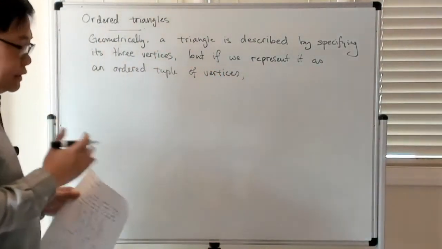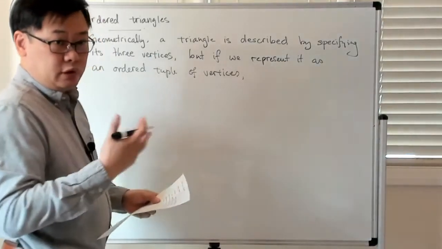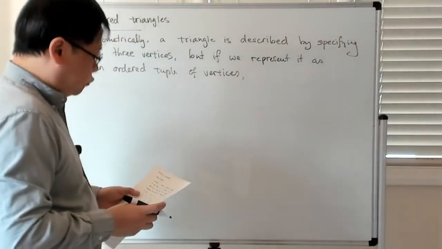Then, of course, there are six possible representations of the same triangle, which come from the permutations of three entries, right?